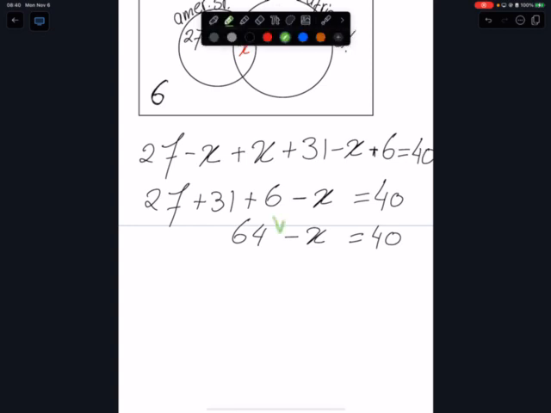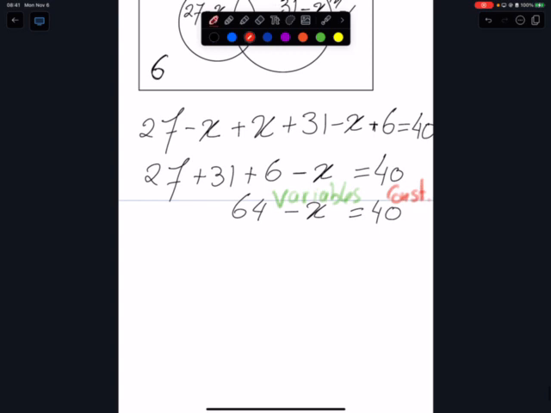All the variables stay on one side and all the constants go on the other side. So you subtract 64 on the left side, meaning you have to subtract 64 on the other side. 64 minus 64 is 0.